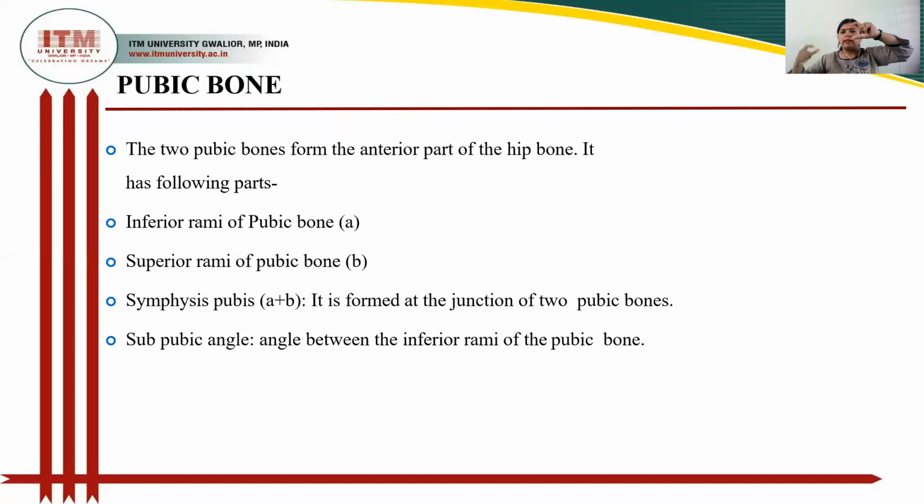They come together and join here. Where they join, they make an arc, which we call the subpubic angle.